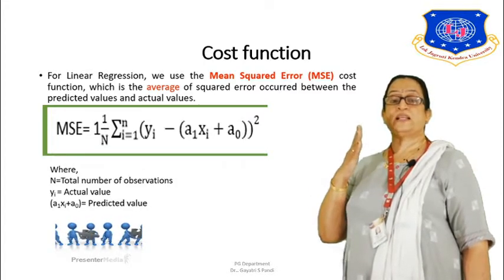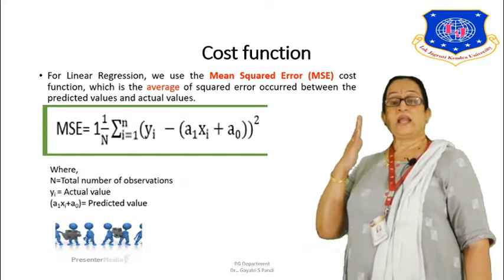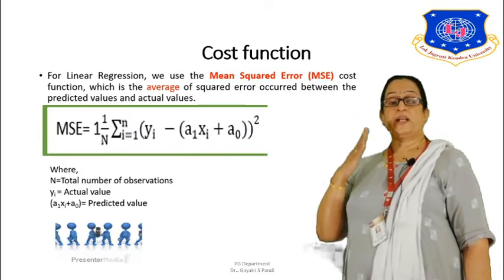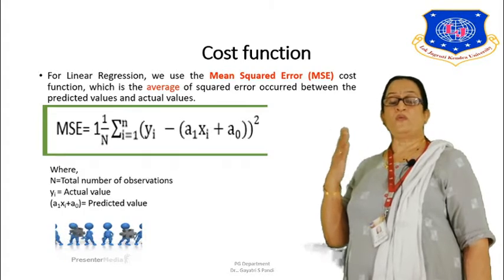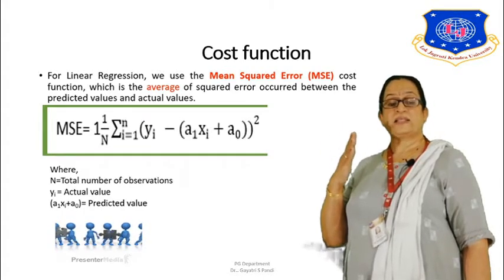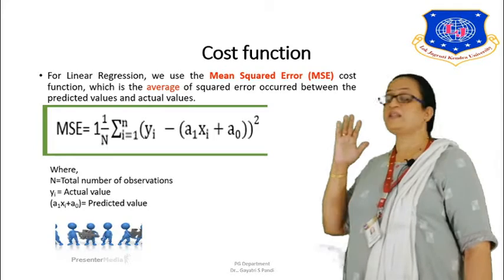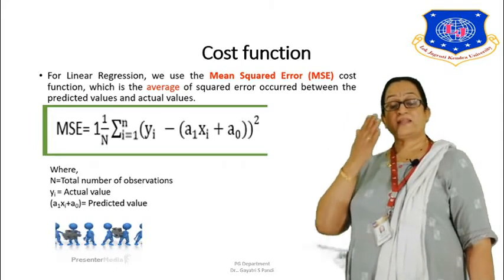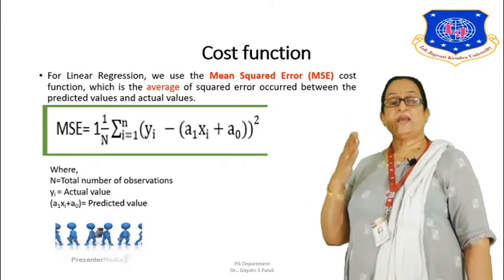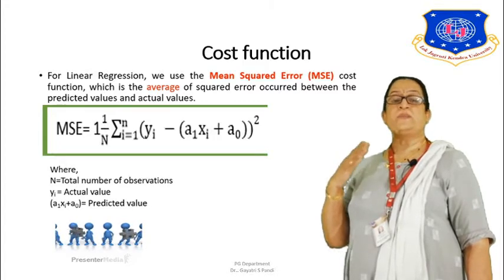So that is basically the square of the errors that have occurred between the predicted value and the actual values. Right? So here n is basically the total number of observations that are made, and yi is the actual value, and a1 xi plus a0 is the predicted value.